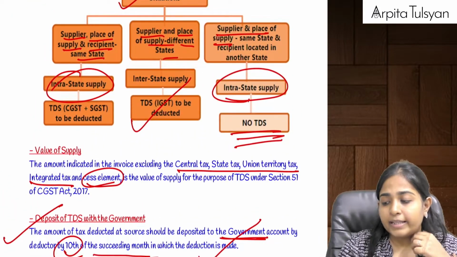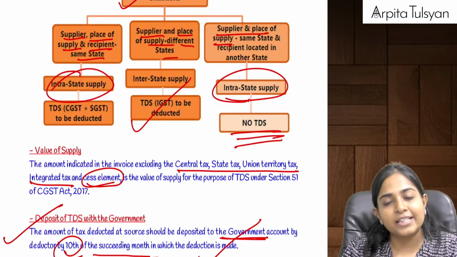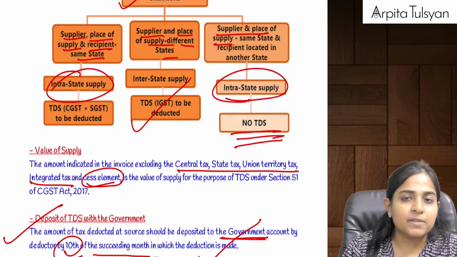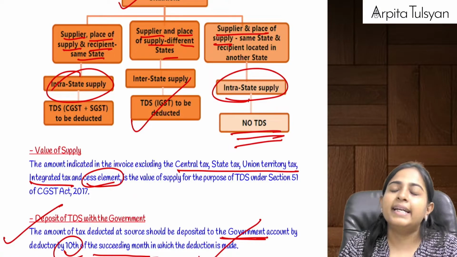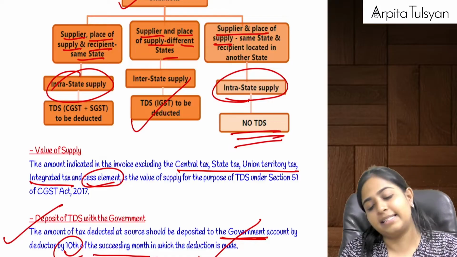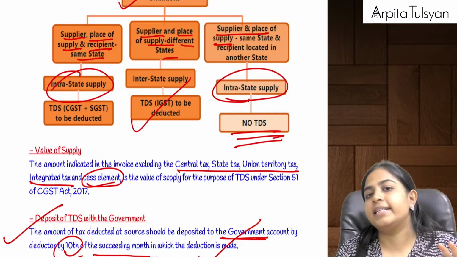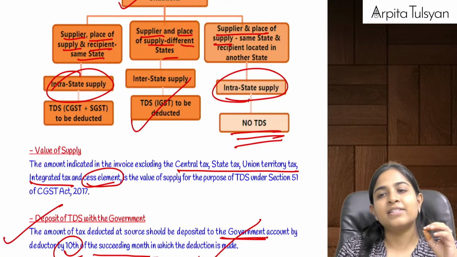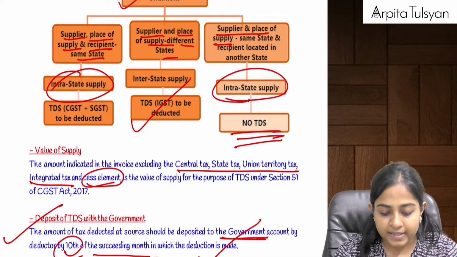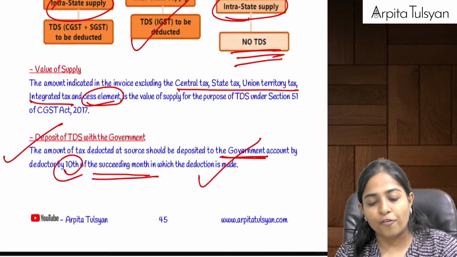Yes. Okay, whenever we calculate the contract value, if it exceeds 2,50,000, then TDS provisions will be applicable. And when you are calculating this contract value, it is going to be excluding GST and excluding the cess element. Then if all these conditions are fulfilled, TDS is required to be deducted. TDS will be deducted at the rate of 2%, and that has to be deposited with the government by the 10th of the next month.